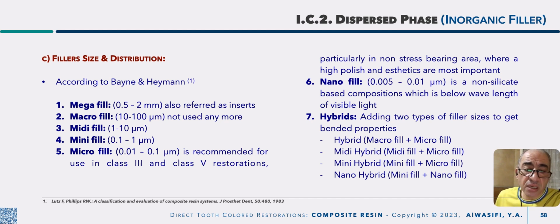Then comes the group of hybrids, which is a mix between two types to get blended properties. Hybrid is a combination of macro and micro, midi and micro, mini and micro, and nano hybrid, which is mini and nanofill. Why are you going to add different sizes in the form of a hybrid filler?